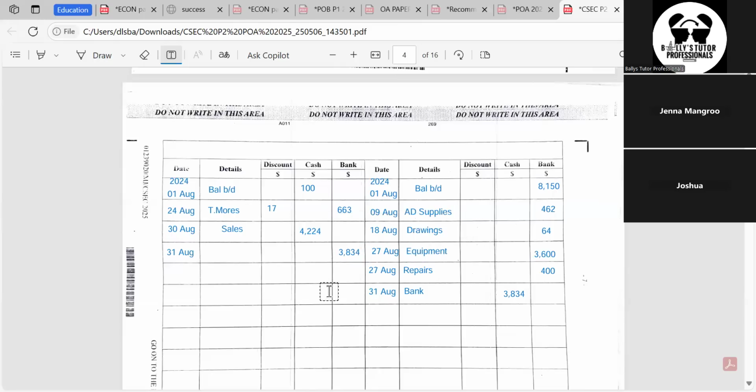All right, just to make sure I don't mix it up. And then I'm going to put my details as cash, the opposite account being affected. And what kind of transaction do you call this? A cash and bank contra entry, sir. Contra entry, correct. You're going to put a small c next to the details to show that it's a contra entry.